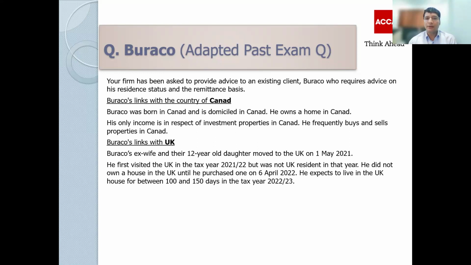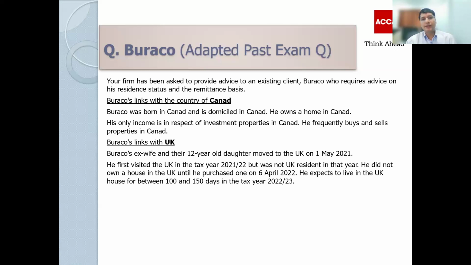But it is clearer he was not resident in 21-22. But in 22-23, you can see he did buy a house, must be a rich guy, and he is planning to spend between 100 and 150 days. So we need to keep this in mind. This is going to be useful.